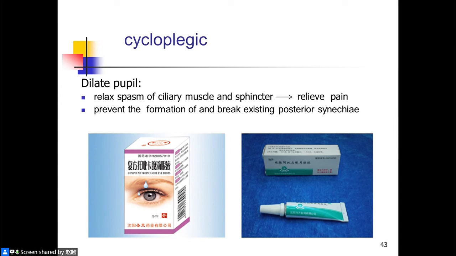When fresh posterior synechia is not easy to dilate, a subconjunctival injection of dilated pupil mixture can be given, including atropine, cocaine, and epinephrine in equal amounts. For mild inflammation and the recovery period, tropicamide can be given.